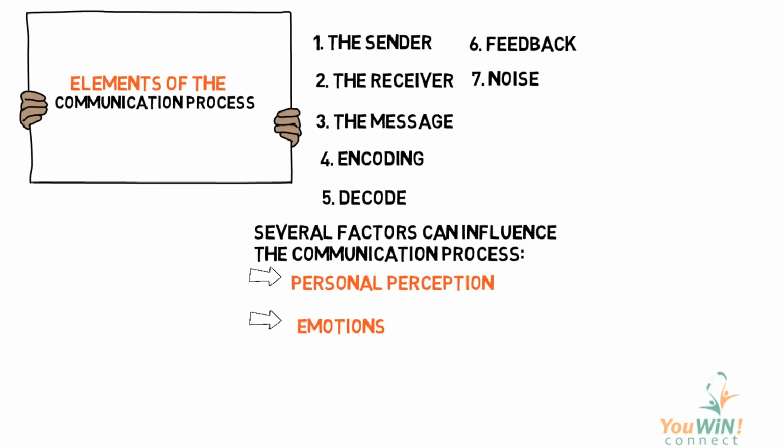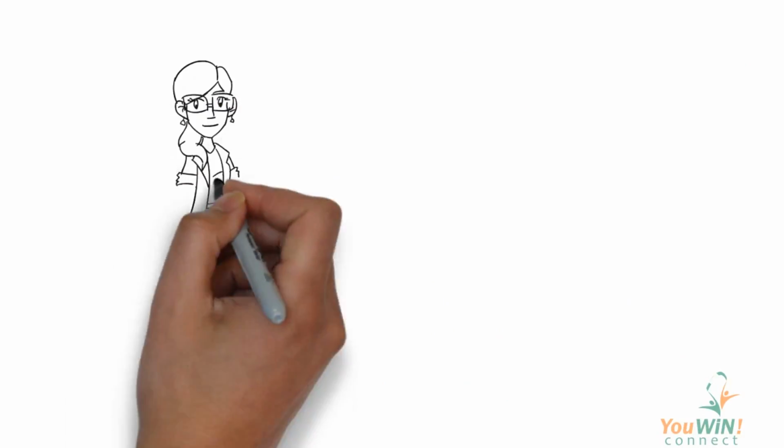A person having positive emotions tends to receive a message more actively than one having negative emotions. Another factor is context, and this is the situation in which your message is being delivered.